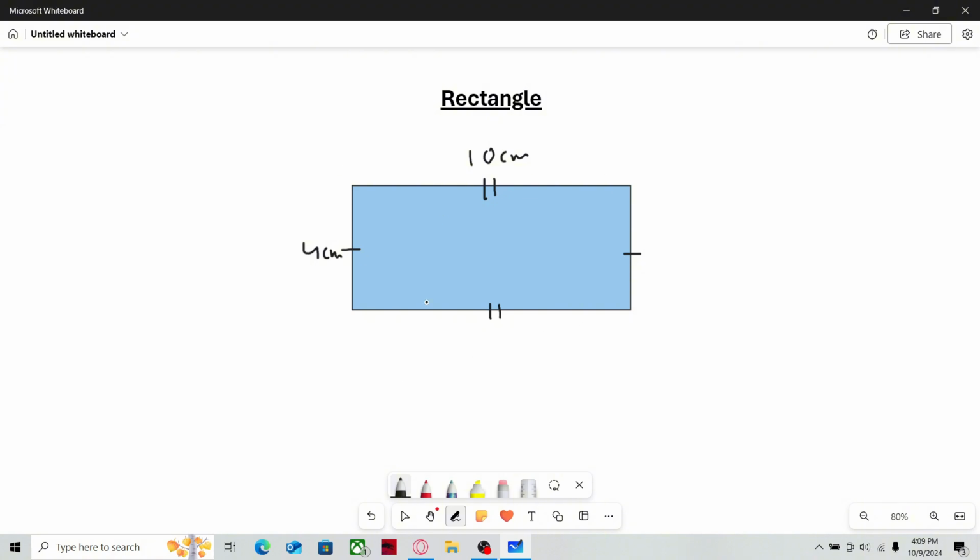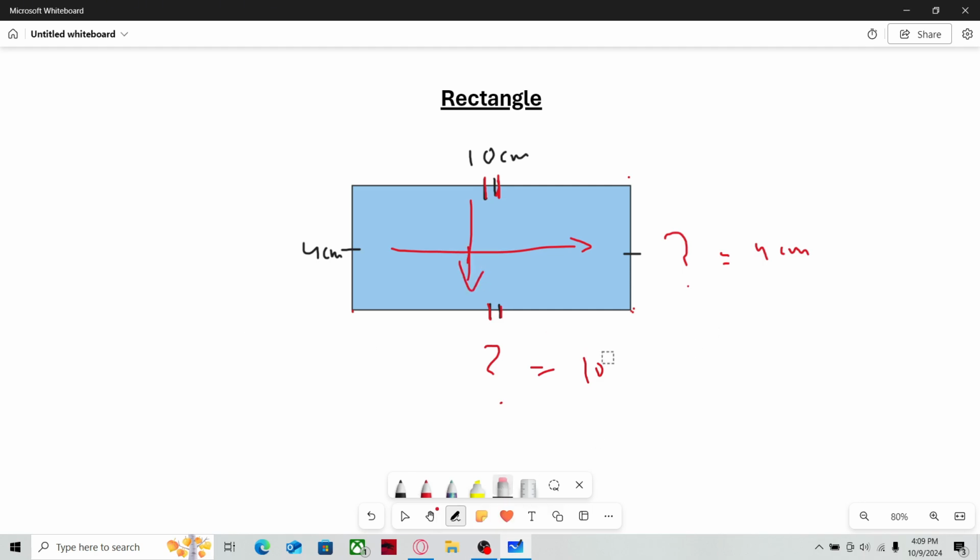By just looking at this figure, you can easily identify that this side is 10 centimeters and this side is 4 centimeters, from this point to this point and this point to this point. Since these sides are equal, in a rectangle, opposite sides are equal. So it's 10 centimeters here and 4 centimeters here. Opposite sides are equal.